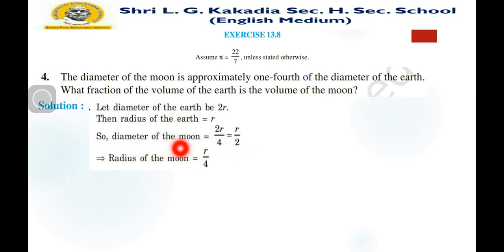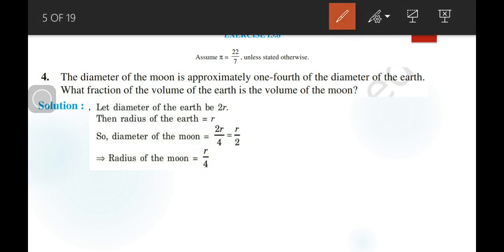So the radius of the moon is half of the diameter r by 2, so we divide once again by 2. 2 into 2 is equal to 4. So the radius of the moon is equal to r by 4, and the radius of the earth is r.